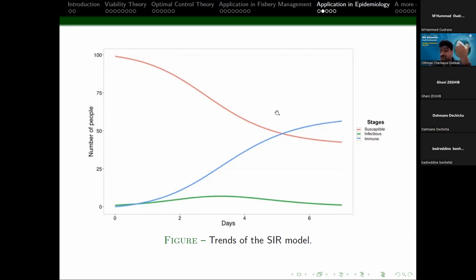So the susceptible number will get lower. What happens is that the people who develop immunity will rise because people will get sick. And the infectious, the people who are infected, also will rise. But there is a point where it will rise, then it will go down, and this is what everyone calls the first wave, the second wave.